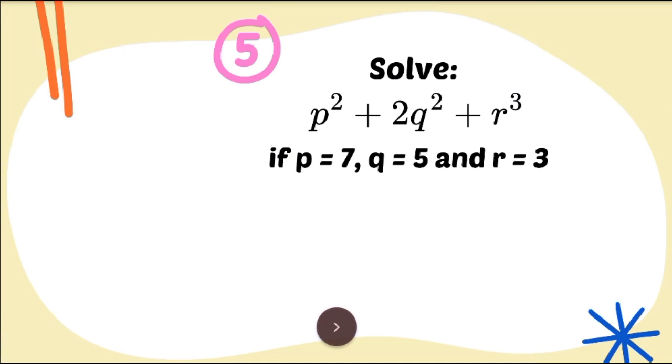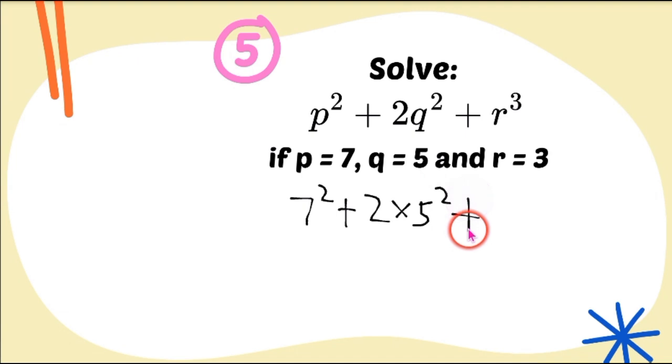So let's go to question 5. Question 5: if P is 7, Q is 5, and R is 3. So we substitute the values of all these into that expression up there. So P square, since P is 7, will be 7 square, plus 2Q squares. That's 2 times 5 square, Q is 5. Then plus R cube, where R is 3, and we cube that.